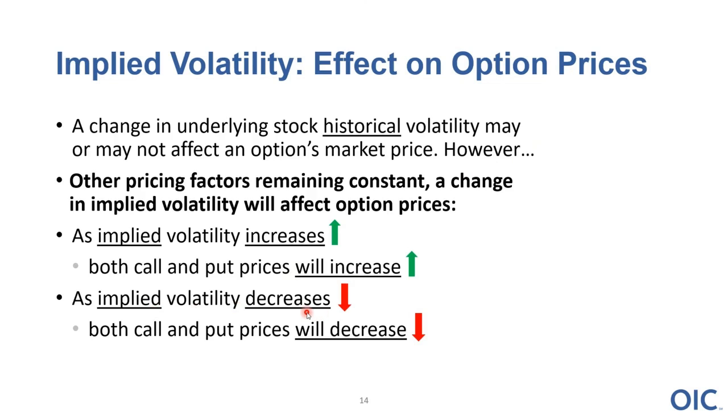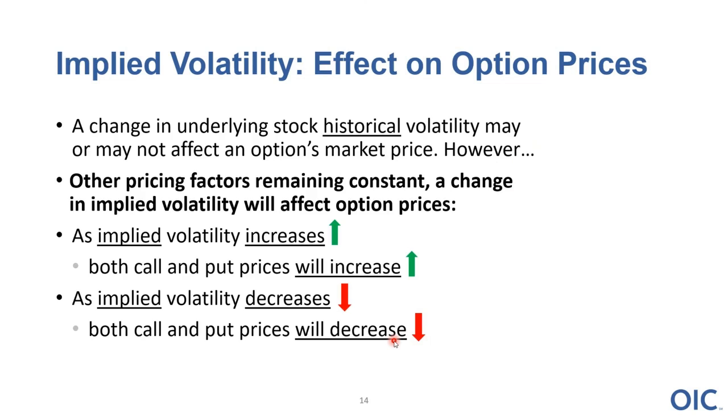As implied volatility decreases, then the potential range of future stock prices will shrink, become more narrow, and that would lower both call and put prices. Also, you might be wondering, when volatility does change, how can you estimate what kind of effect that might have on your options contract? And we'll get to that in a couple of slides.